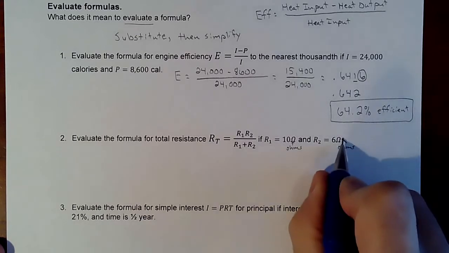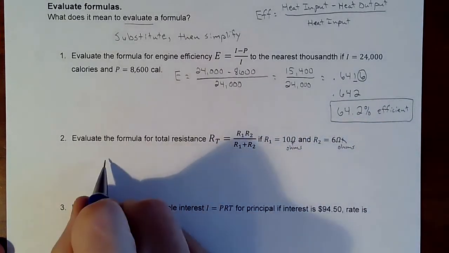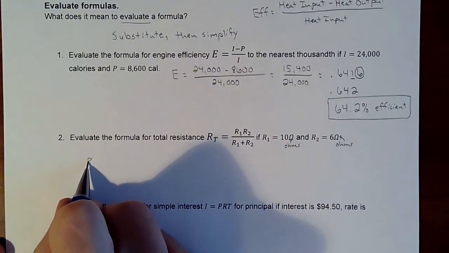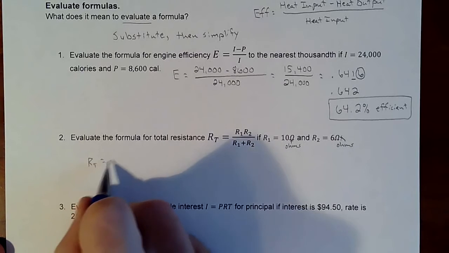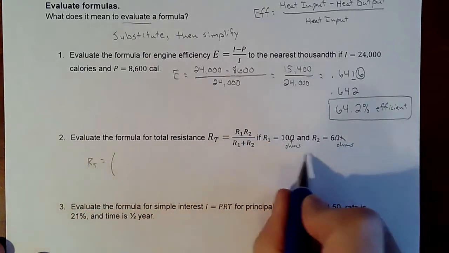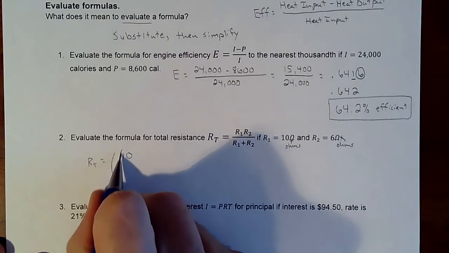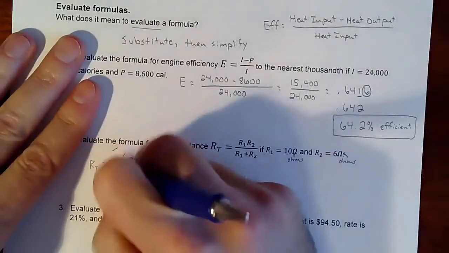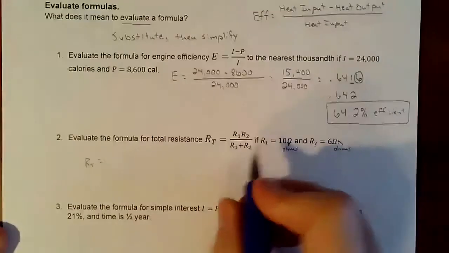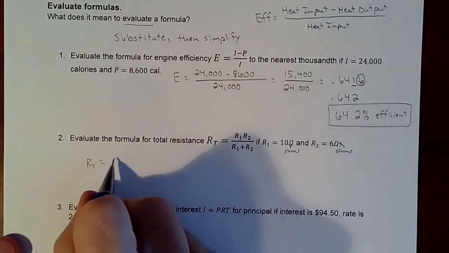All right, so for our formula, our RT is going to be, we have 10 ohms. Get rid of the extra parenthesis. We have 10 ohms times 6 ohms.